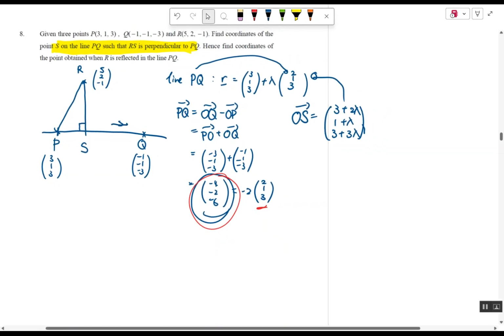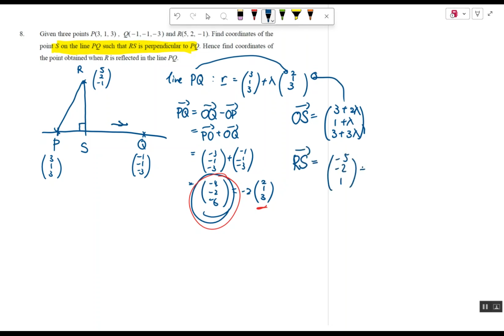Most students cannot remember this. Since OS is here, our next job is to find RS, which is (-5, -2, 1) plus (3 + 2 lambda, 1 + lambda, 3 + 3 lambda), and you can simplify it to become (-2 + 2 lambda, -1 + lambda, 4 + 3 lambda).